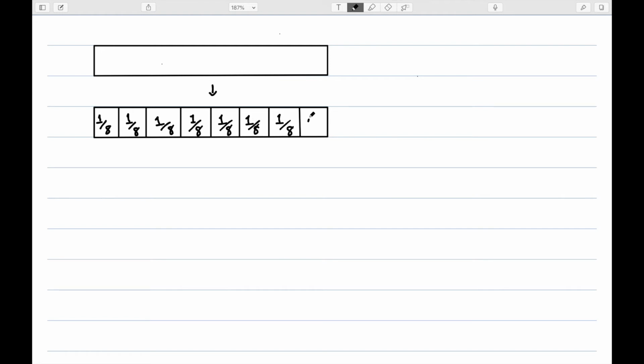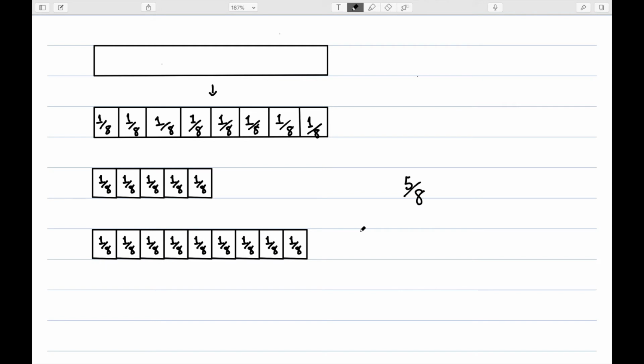So, if I want to represent a number like 5 over 8, then in that case, I would take 5 of these pieces that are each 1 over 8. If I were to take 9 of these pieces, that would represent 9 over 8.